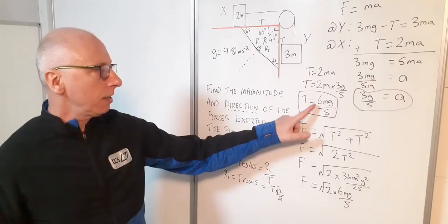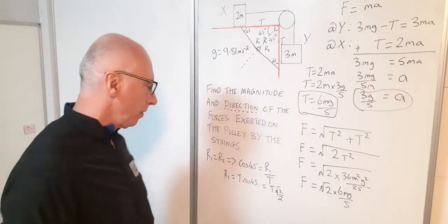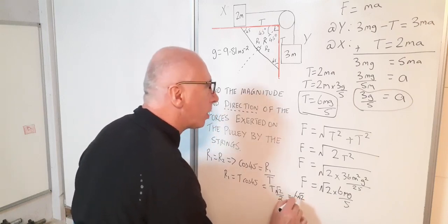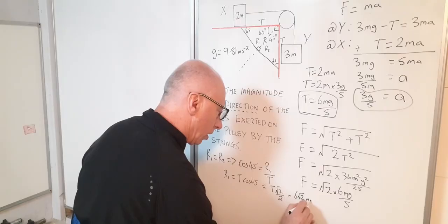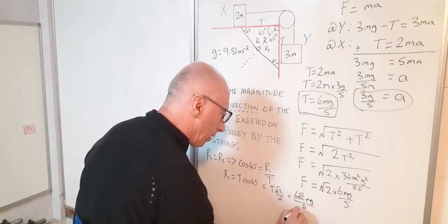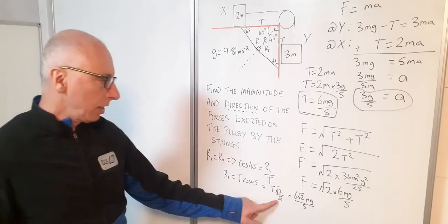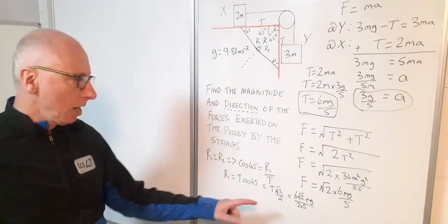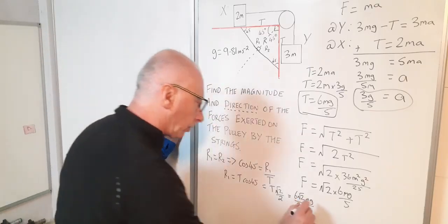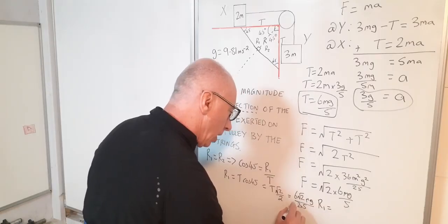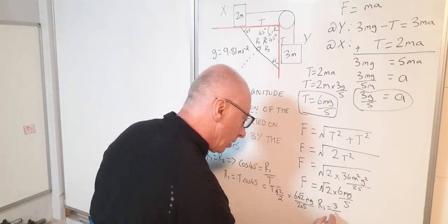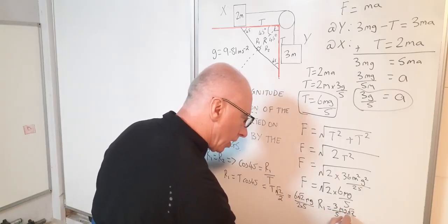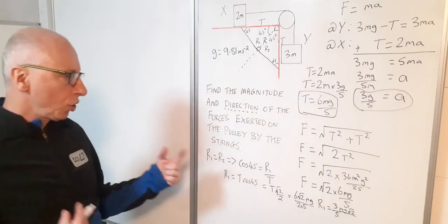Now I know what T is. T is 6mg over 5. So then that equals 6 root 2 mg over 5, and it's also divided by 2 as well. So I know I need to have 2 times 5 on my denominator. So then my R1 would equal 3 over 5 mg root 2. But then I've got 2 of these.